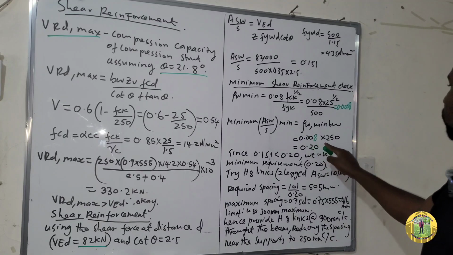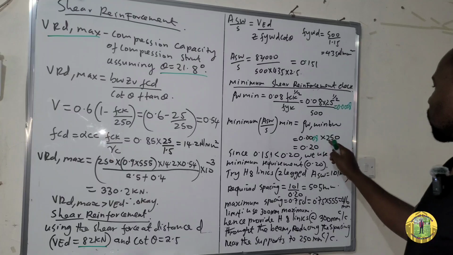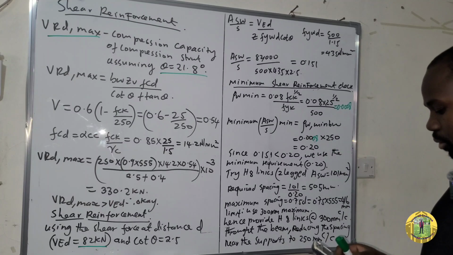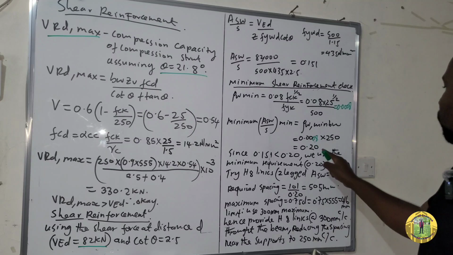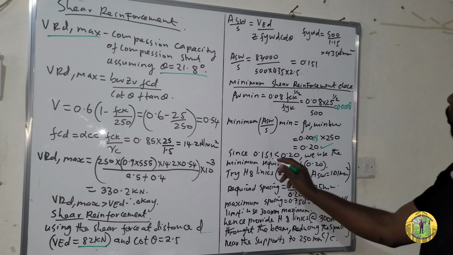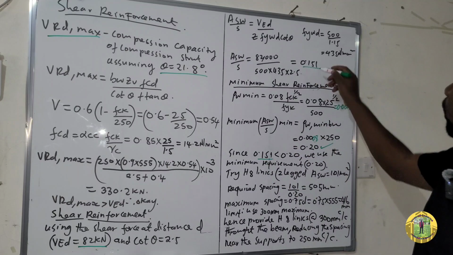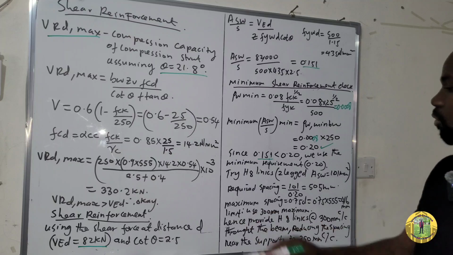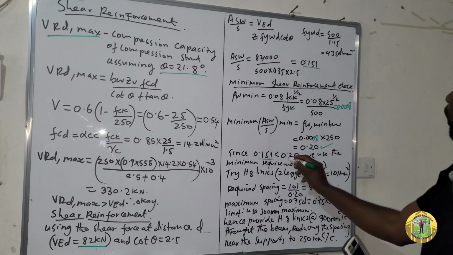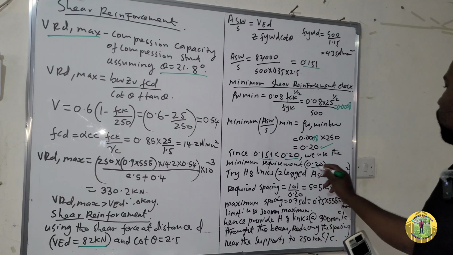So 0.0008 times 250 times 250, this is 0.20. So if you compare these two, the one calculated from the shear force at distance D is 0.151, which is less than 0.20. Then we use the minimum requirement, which is 0.20.